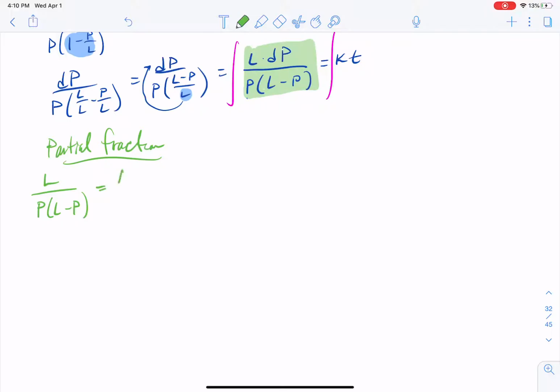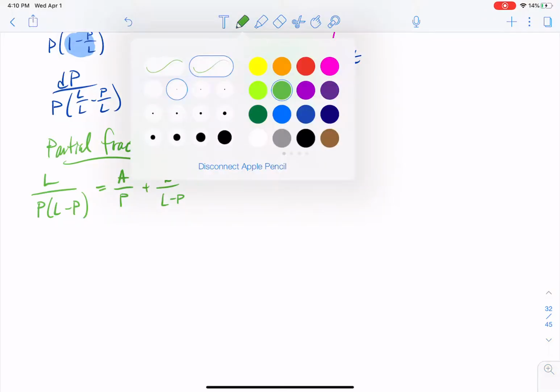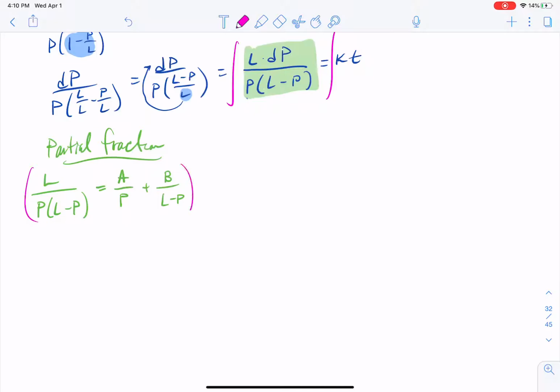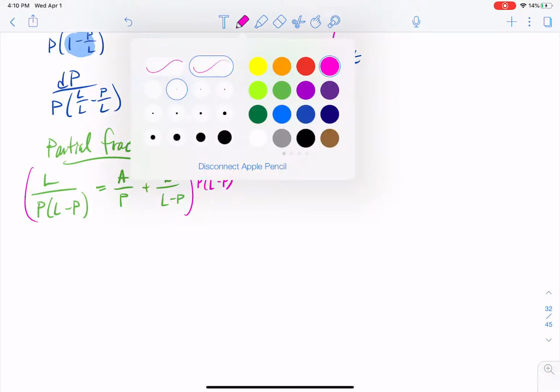This should be equal to some number over the first factor, P, plus some other number over the second factor, which is L minus P. We do need to multiply by the common denominator, which is P times L minus P, in order to get rid of the fractions.